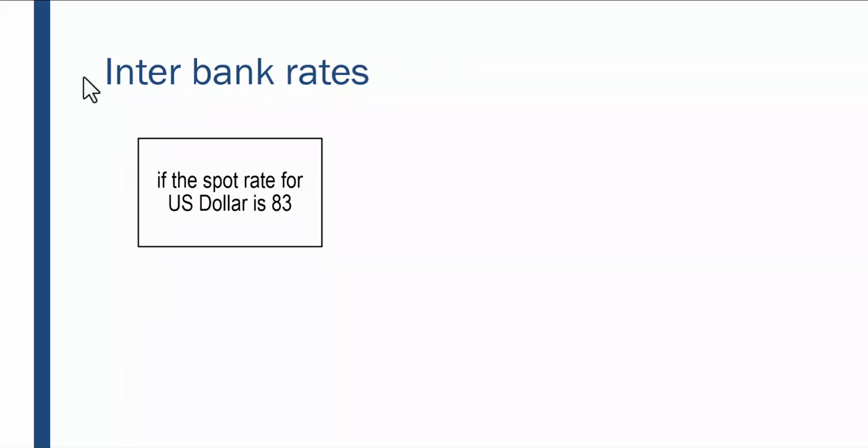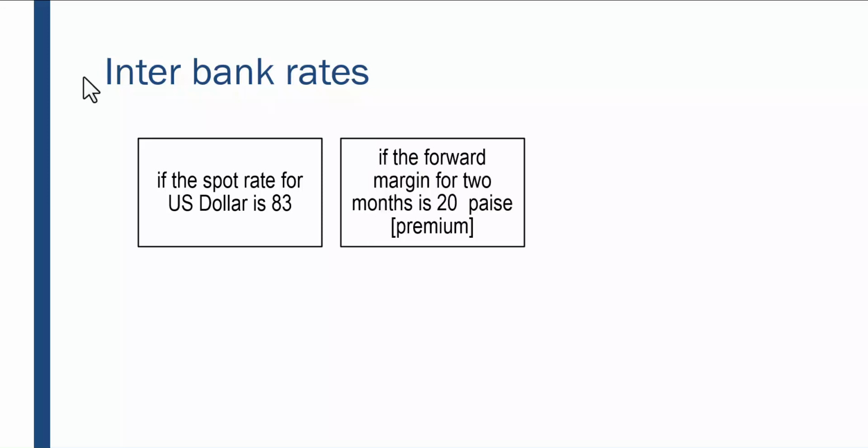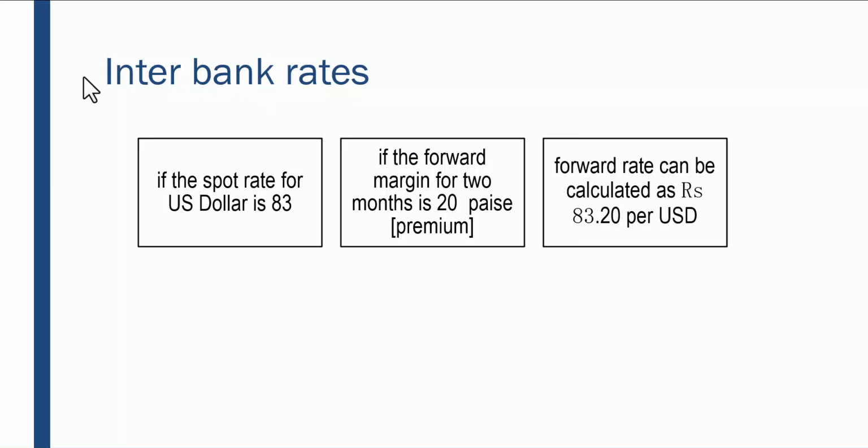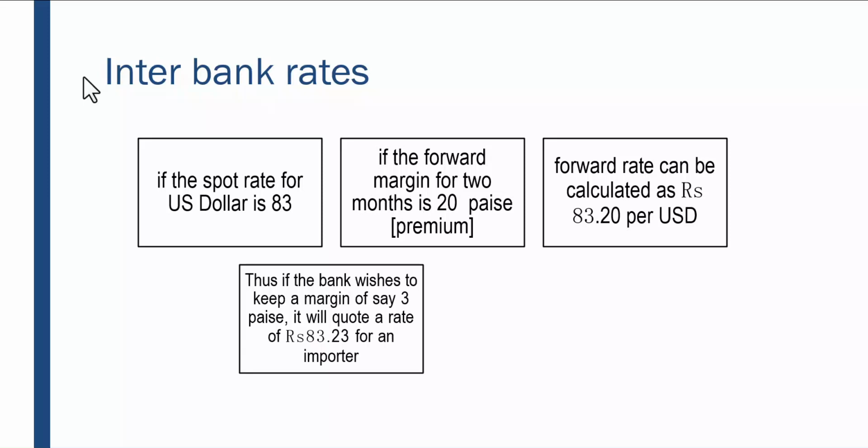Now let's understand this. Suppose the spot rate for US dollar is 83. So this is very important, please do understand. If the forward margin for 2 months is 20 paisa premium, what will the forward be? It is calculated as 83.20. We have added swap points to the spot rate without breaking it into bid and ask.